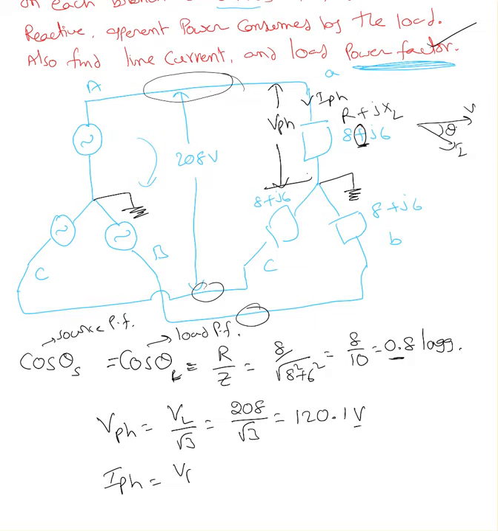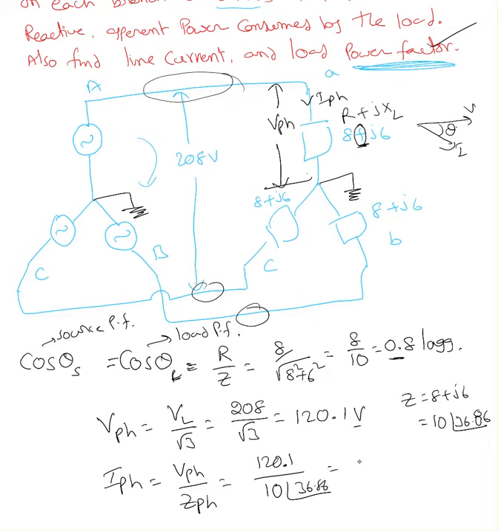IPH equals VPH over impedance per phase, which is 120.1 divided by the impedance, which is 10 at an angle of... when you convert Z equals 8 plus j6 into polar format, you end up with 10 at an angle of 36.86.